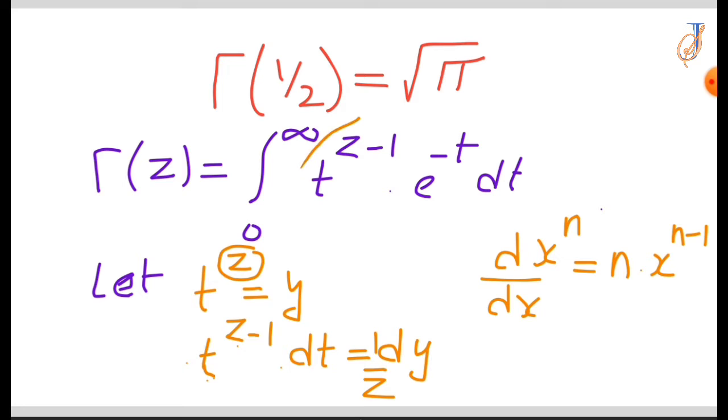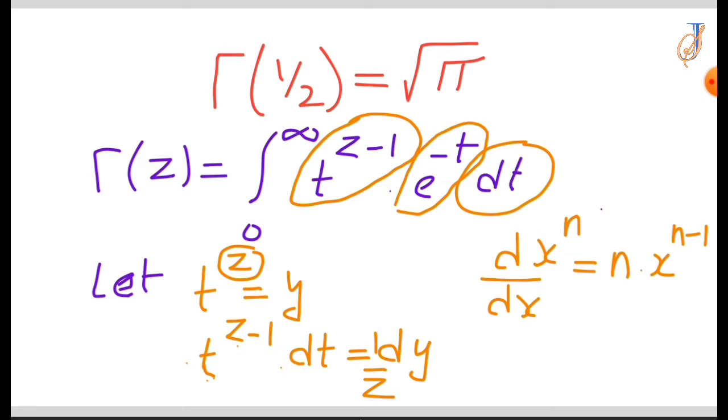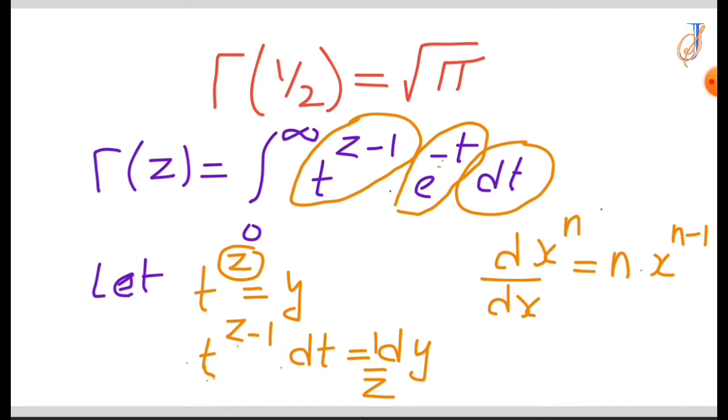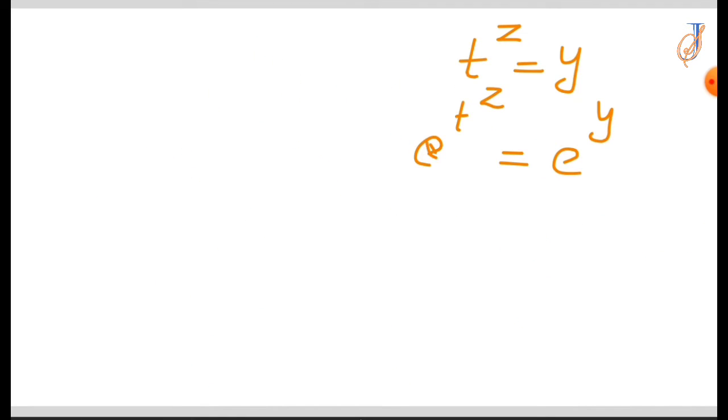So we got this t power z minus 1 times dt. We need to find out this e power minus t value. That means we need to take exponential on both sides. So e power t power z equals e power y. And also in the power we have a minus sign, that's why we need to take negative on both sides.